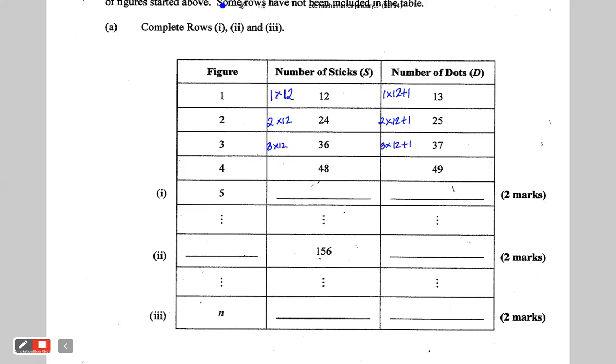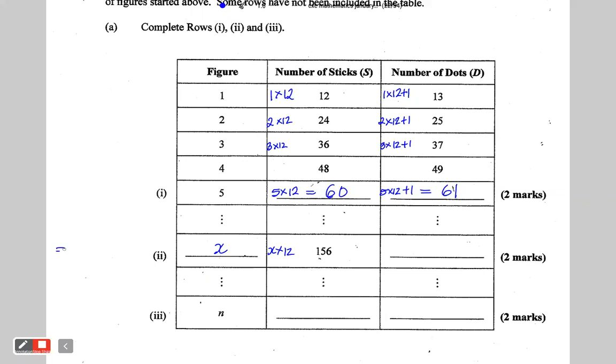So at figure 5 now, at I, this would be 5 times 12, which is 60, and this would be 5 times 12 plus 1, which would be 61. All right, here, I don't know the figure number, so I'm going to call it X. Here's what I know. I know that the value here would actually be X times 12.